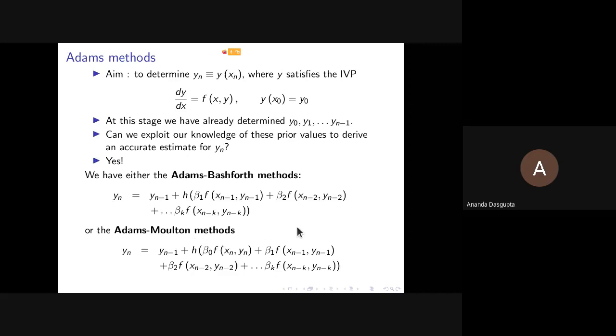It's really very similar, except for one thing. You do a weighted average of the slopes, just like in Adams-Bashforth. But you also take in a weightage of the f at the end, at x and y.